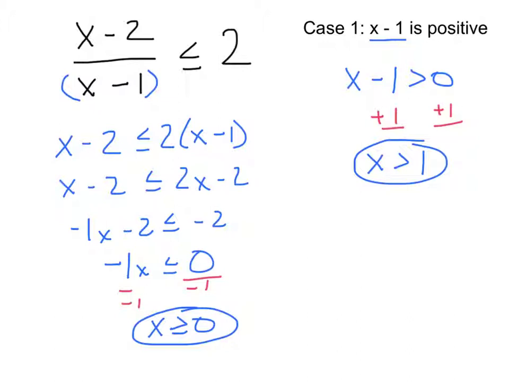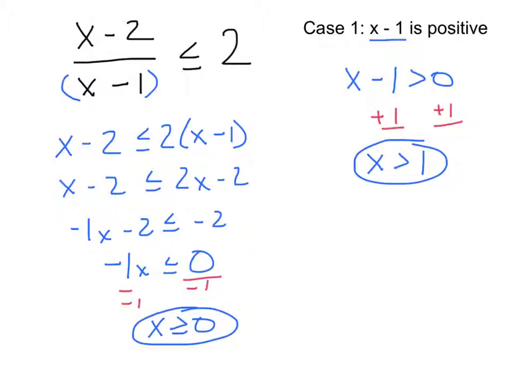Now, the solutions that are true for this case have to fulfill both of these situations. x minus 1 has to be positive, and this inequality, x minus 2 divided by x minus 1, has to be less than or equal to 2. The only values for which that will happen are values that are both greater than 0 and greater than 1.